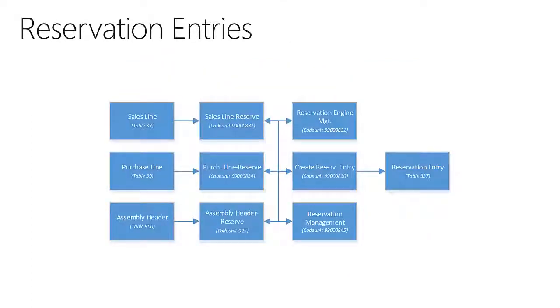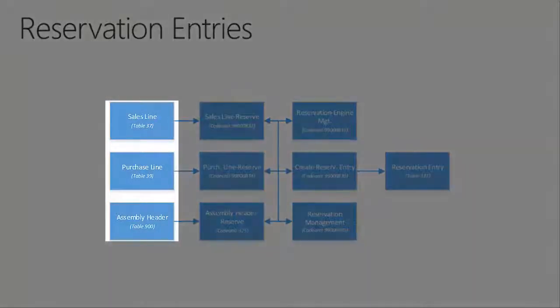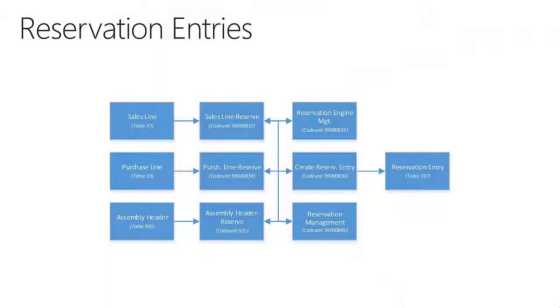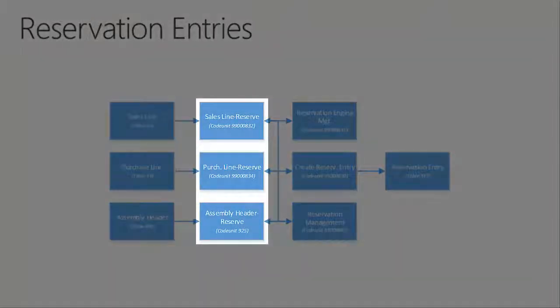The last example is possibly the most intriguing entry table in Microsoft Dynamics NAV, the reservation entry. From all places in the application where inventory is used, we can reserve inventory. Each place, such as sales line, purchase line, or assembly header, has a codeunit as an entry point.